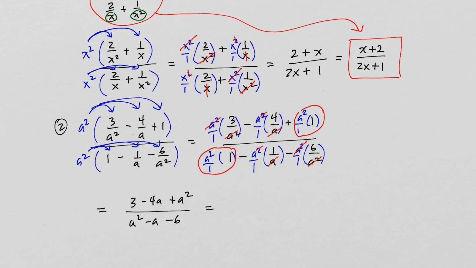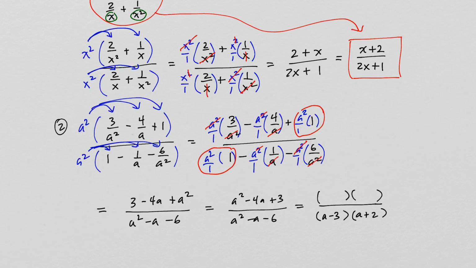So now to simplify, you need to factor these polynomials. And factoring is always easier when it's in descending order. So I'm going to rewrite the numerator by putting it in descending order. And the denominator was already in descending order. And then now what we can do is factor these trinomials using the methods that we've talked about previously.